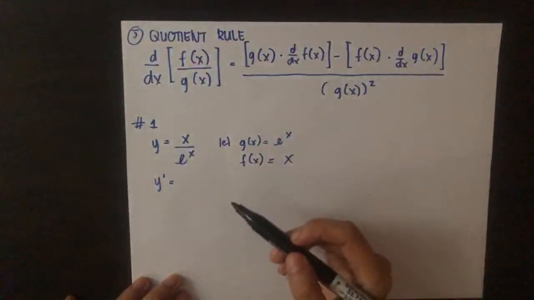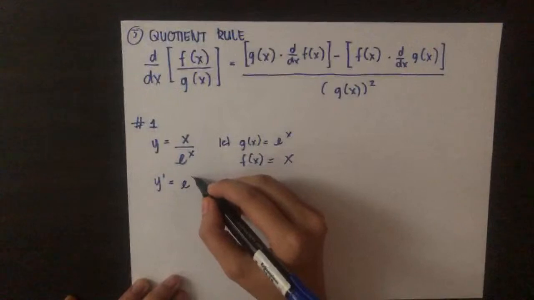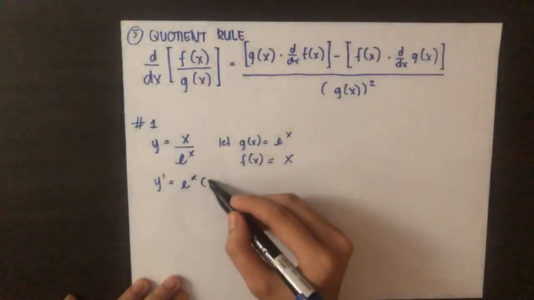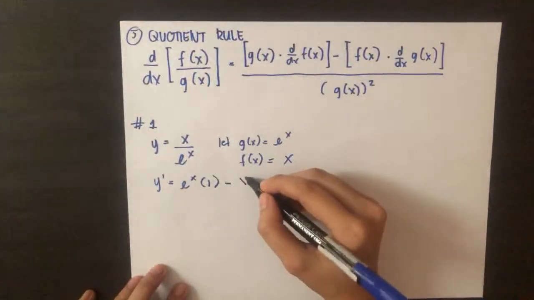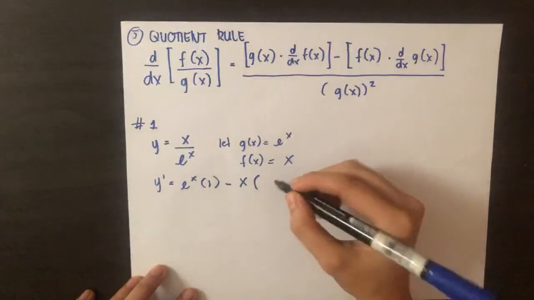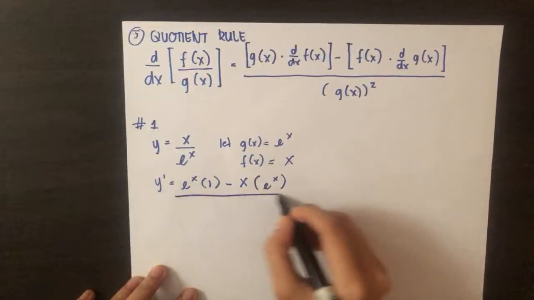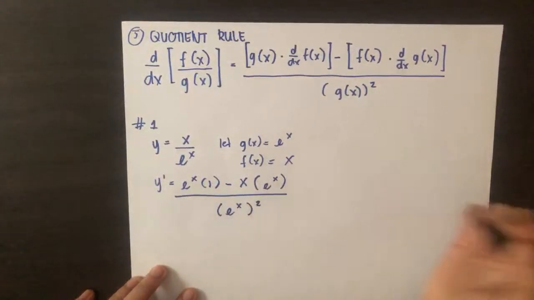So, substituting sa formula, we have g of x e raised to x times the derivative of x, we have 1, minus f of x times the derivative of e raised to x, which is e raised to x din, over e raised to x squared.